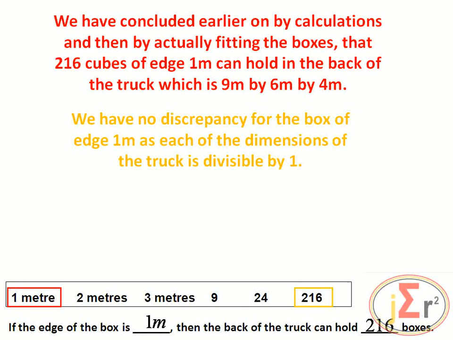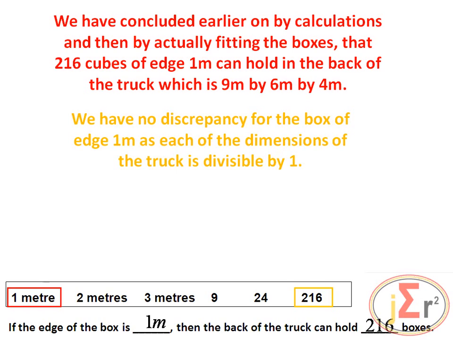We have no discrepancy for the box of edge 1 meter, as each dimension of the truck is divisible by 1. As long as the boxes are of dimensions 1 meter by 1 meter by 1 meter, all of them will fit into the back of the truck exactly.